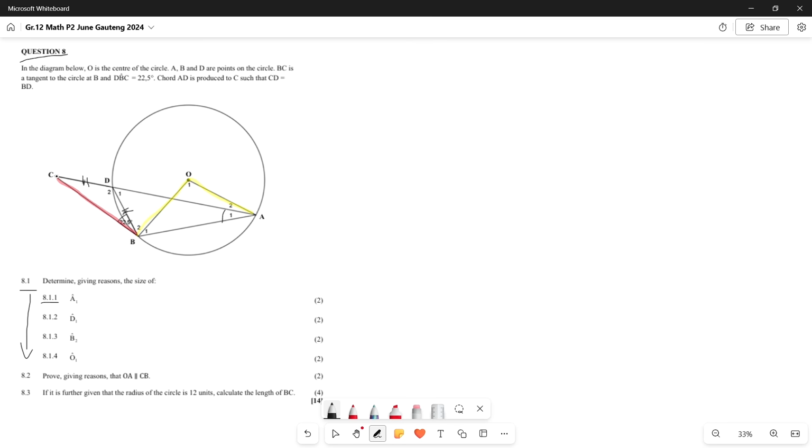And something to keep in mind whenever we have a tangent meeting a triangle with all 3 corners touching the circumference of the circle, is that we can jump into the triangle and then to the furthest side away from it. So if we have a tangent meeting a triangle over here, it means that this B, this 22,5 degrees, equals A1, because DBC equals A1 equals 22,5 degrees because of tan chord theorem.